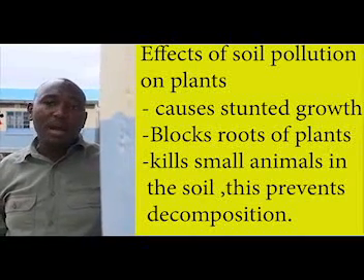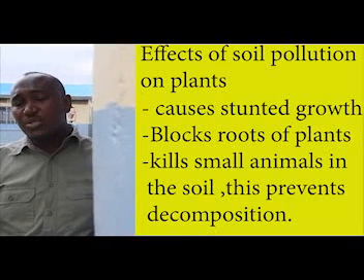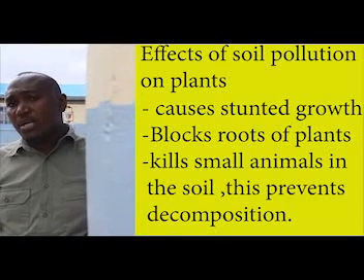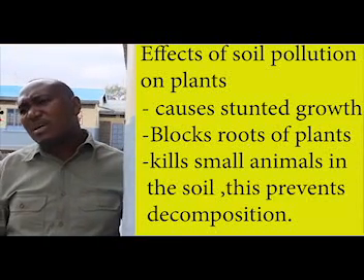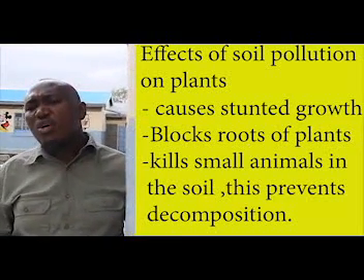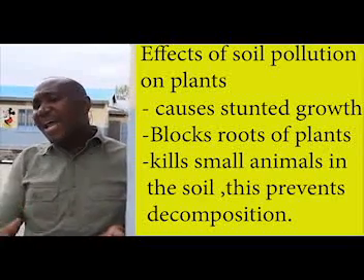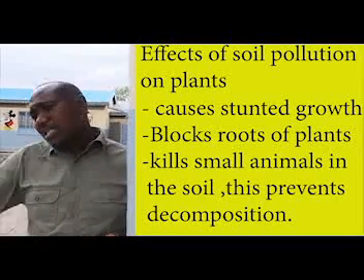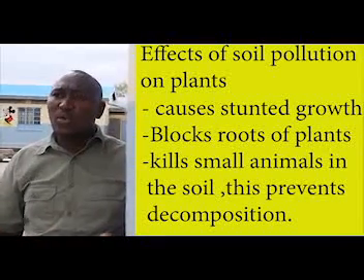Some plants may become stunted. They do not have the right growth because the roots are not getting sufficient minerals from the soil. These plastic materials and metal parts also affect the air circulation in the soil. That is what we call aeration. When these materials are introduced in the soil, they may not allow air to circulate well.